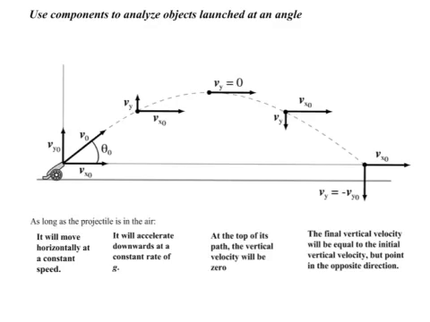Also keep in mind that when you begin to look at problems, if you're told that the launch velocity or the initial velocity is 5 meters per second, that's talking about this initial velocity.